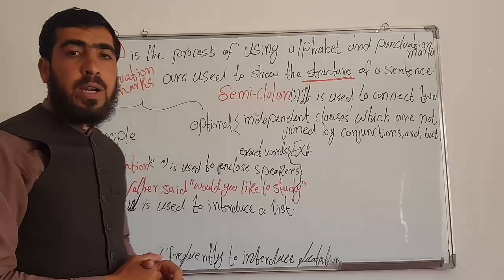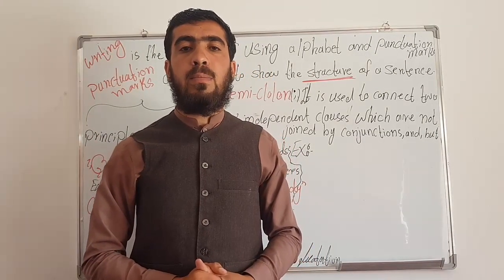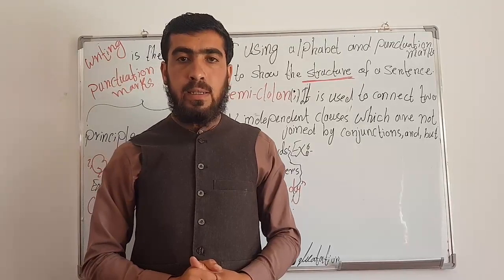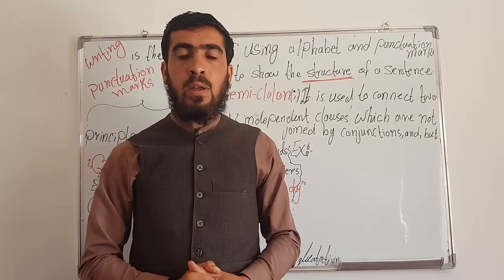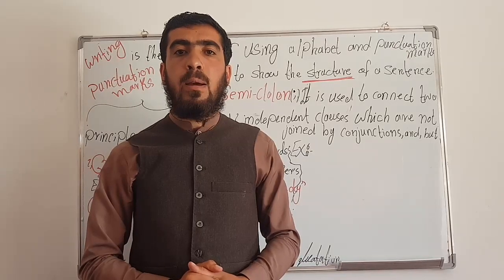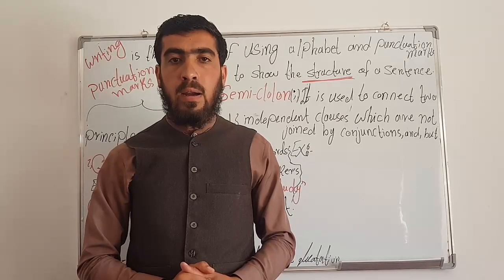Friends, suppose I go to the bazaar and I write something, for example, I would like to write three things like pen, book, and notebook. So before pen, book, and notebook, I should put a colon.